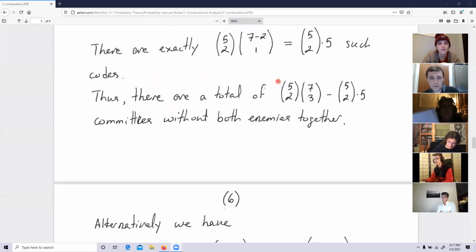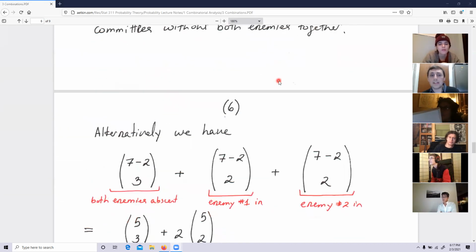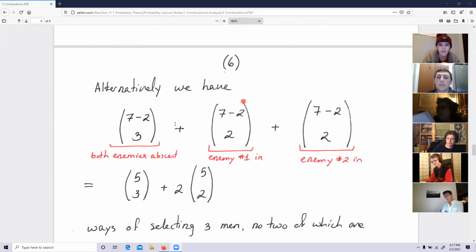Okay, thank you, Andre. There is another way to do the same thing. Well, we can calculate it by addition. We can say the situation is the documents corresponding to both enemies being absent, enemy 1 in, and therefore enemy 2 out, or enemy 2 in, and therefore enemy 1 out. So in those situations, if both enemies are absent, for the men committee, I have 7 minus 2.